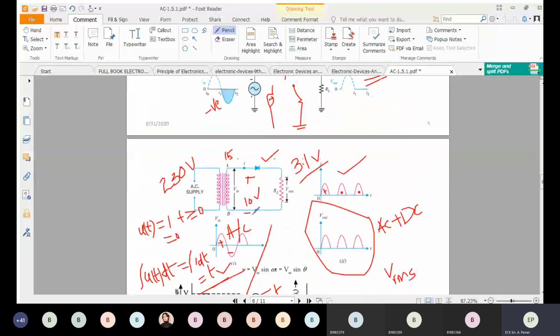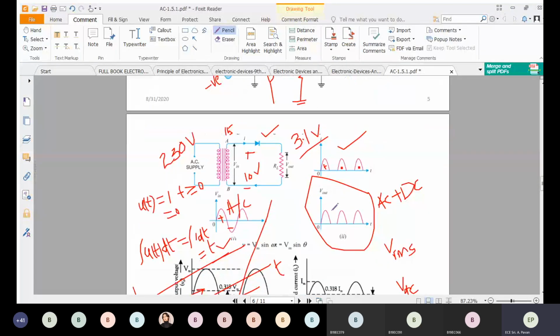During this positive half cycle, is it visible? During this positive half cycle, LED is on. During this time, LED is off. Again on, again off. On and off. Why? Because during the positive half cycle the diode is on, and during the negative half cycle the diode is off.